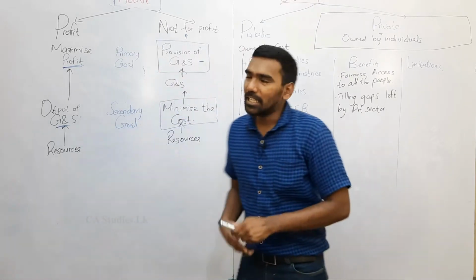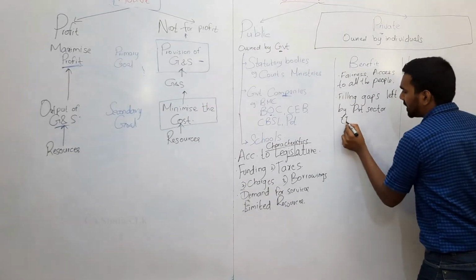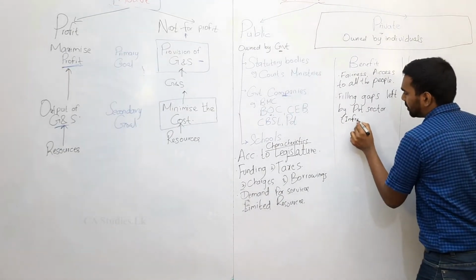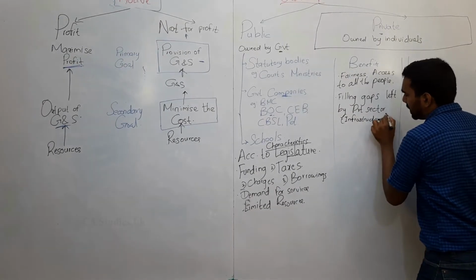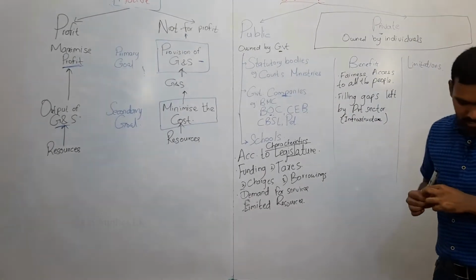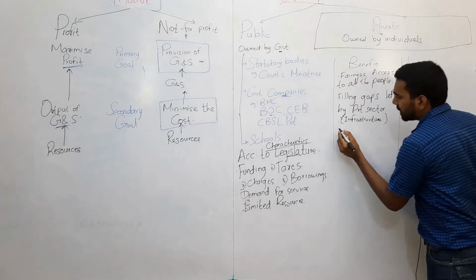So here it's mostly services related to the infrastructure of the country, right? Infrastructure. And the next feature is public interest.